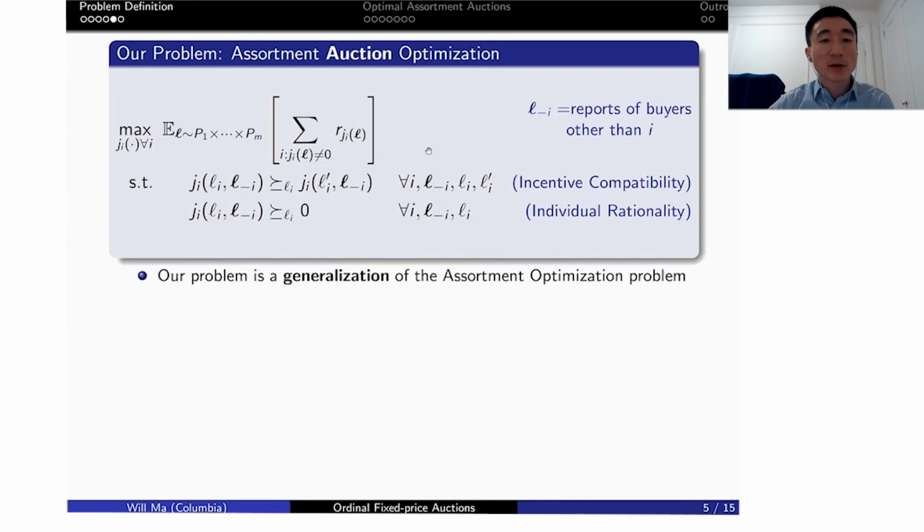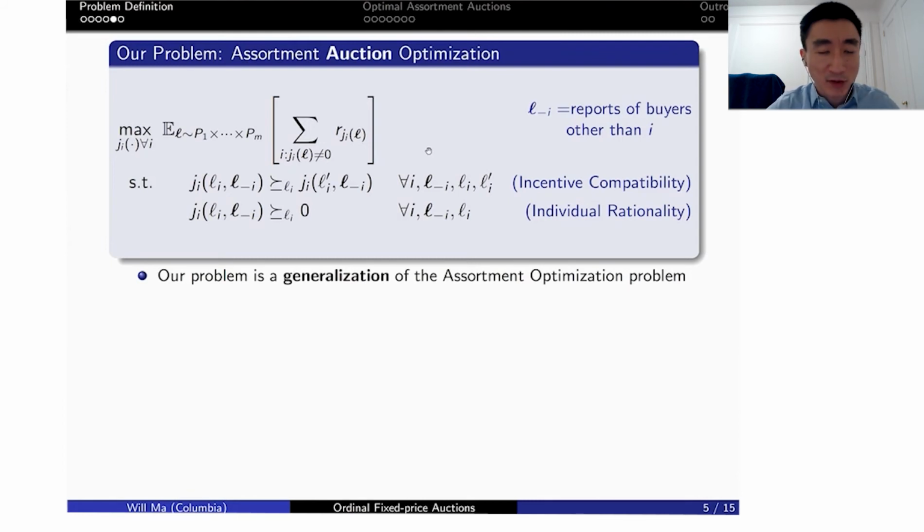I want to say our problem is a generalization of the assortment optimization problem. This is actually important. It's easy to see, but let me explain. In assortment optimization, the decision, instead of specifying a mechanism, is to specify a subset of products that you're going to show the customer. But it's easy to see that with one buyer, the incentive compatibility constraint says there's some universe of possible products the customer could get if you take a union over all the lies L prime they could tell.